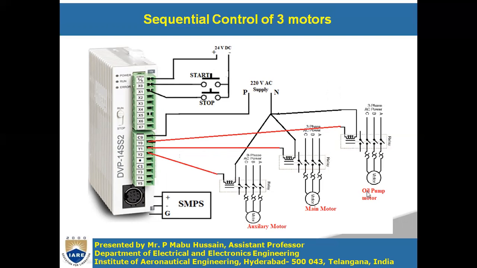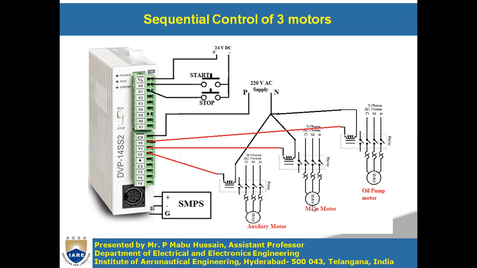After this, you have to write in your PLC program that a waiting time of 10 seconds has to be given. After 10 seconds Y1 has to be on. When Y1 is on, this coil gets the 220 volt supply and all poles of this contactor will close, and a three-phase supply will be given to the main motor and the main motor will start running.